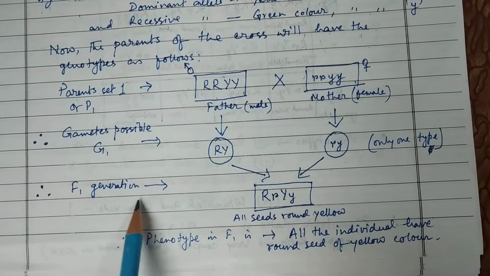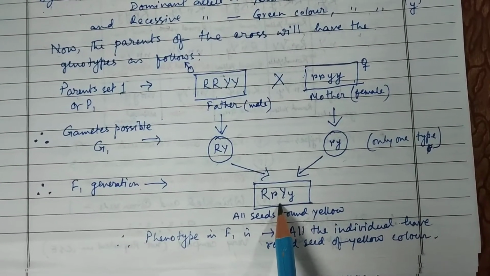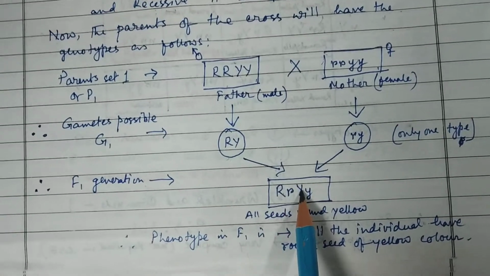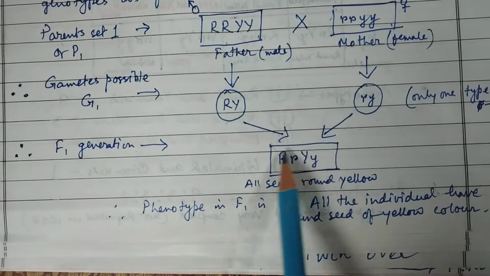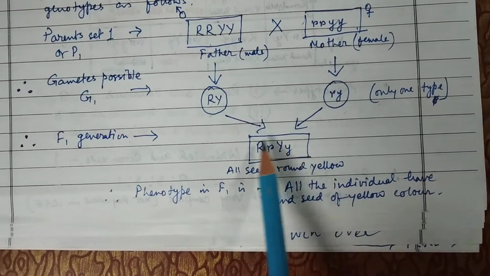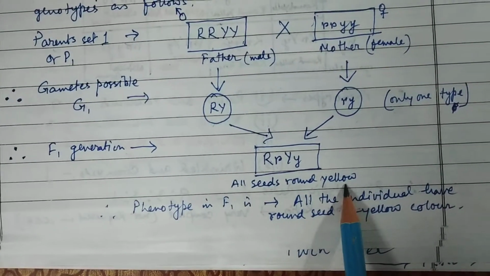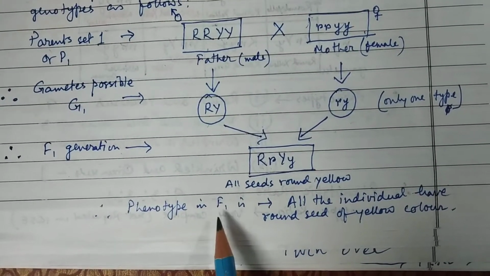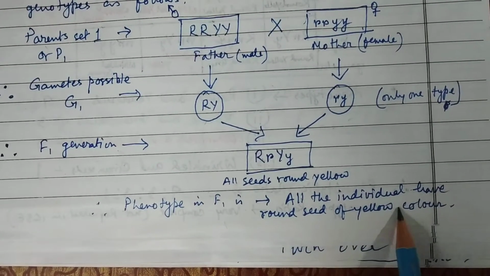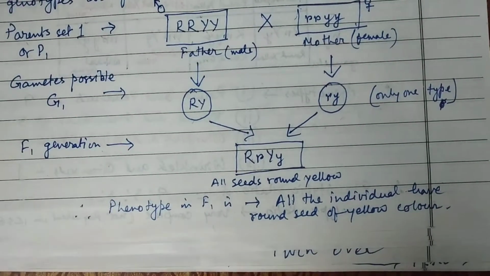And the F1 generation will produce completely hybrid ones, where the genotype is capital R, small r, capital Y, small y. All the individuals produced have this genotype. All seeds are round and yellow. That means the phenotype of F1 is that all the individuals have round seeds of yellow color.